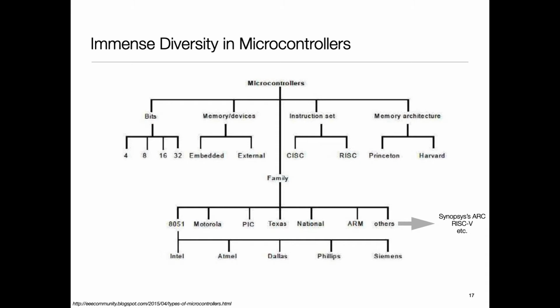If an automobile company needs something for cars, they probably need some interfaces which are meant for cars. So there's a big diversity of microcontrollers available, and moreover, a big diversity of vendors available. I've shown architectural diversity, vendor diversity, and within each vendor, lots of things.